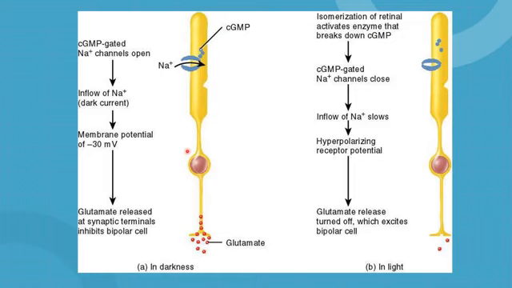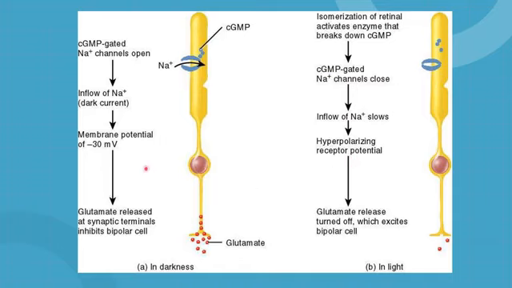When light is not present, the sodium influx will be present, so the membrane potential is decreased to minus 30 millivolts and glutamate will be released at the synaptic terminals. And when there is light, isomerization of the retinal activates the enzyme that breaks down the cyclic GMP. So the cyclic GMP channels will be closed, and there will be no influx of sodium, so there will be a hyperpolarizing receptor potential.